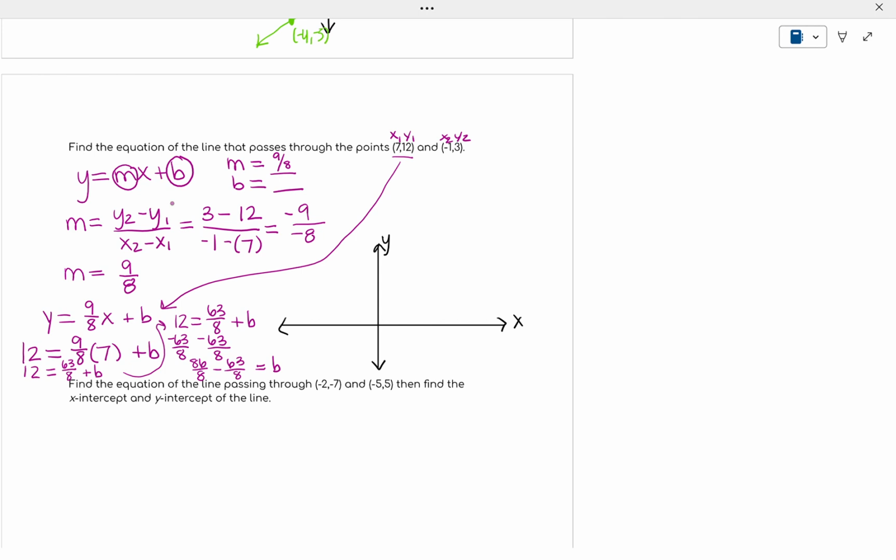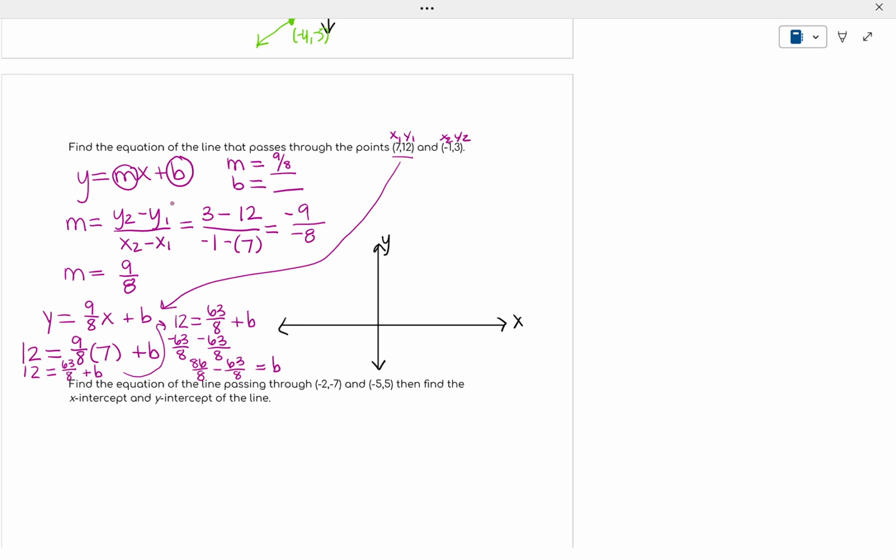So what I did here is I created a common denominator so I could add or subtract these two numbers together. If you want a refresher on adding or subtracting fractions, approach me in class and we can go over an example as well. All right, this becomes 33 over 8.